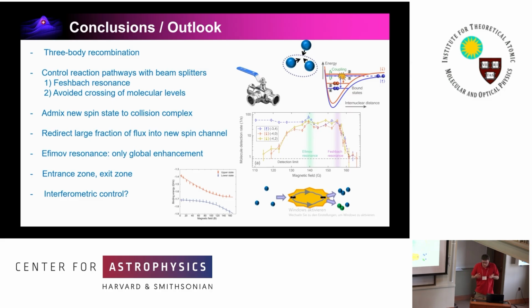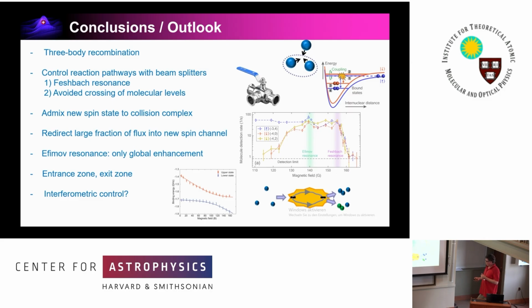Both beam splitters are based on mixing spin channels within this collision complex. And this way, we could really redirect a sizable fraction of the reaction flux from one channel to another channel.